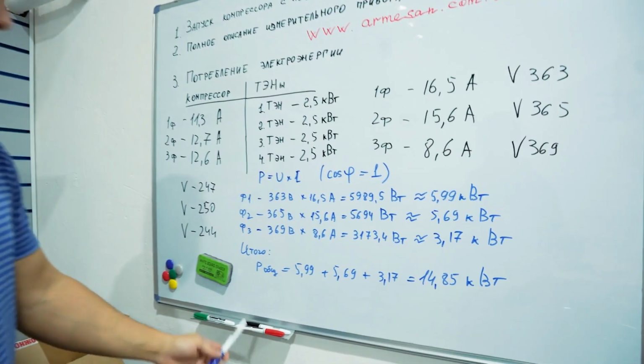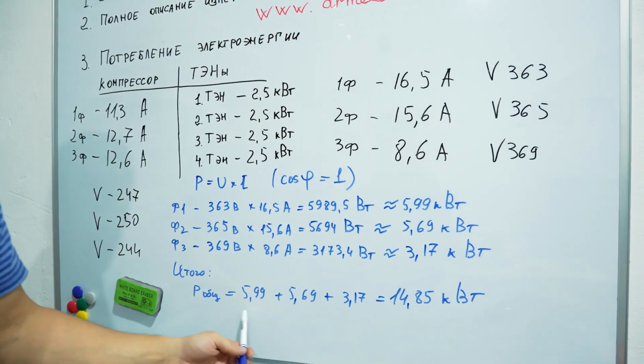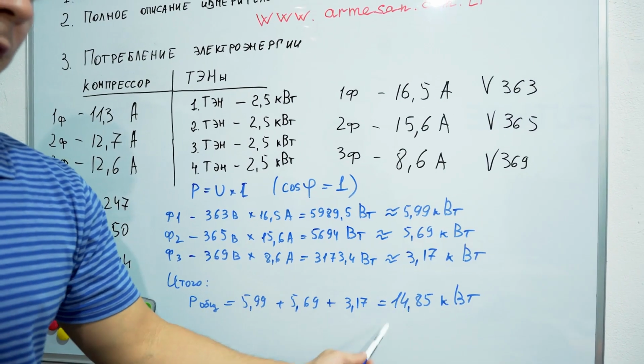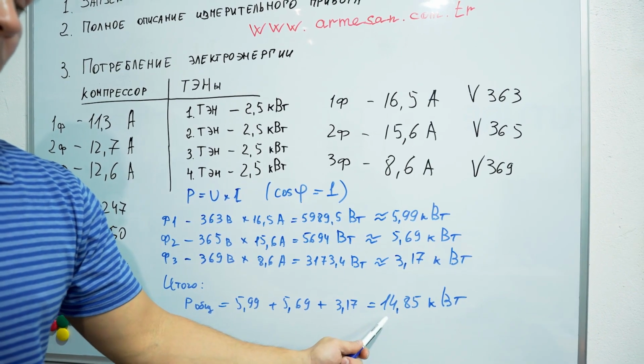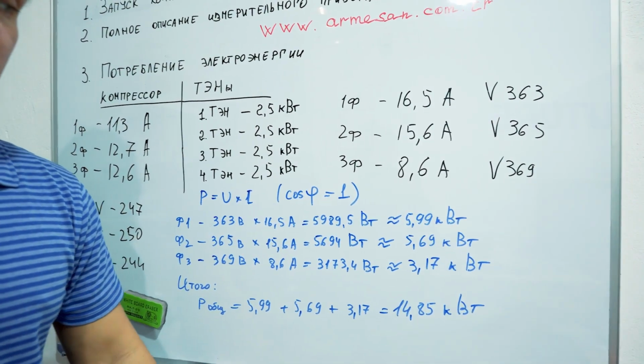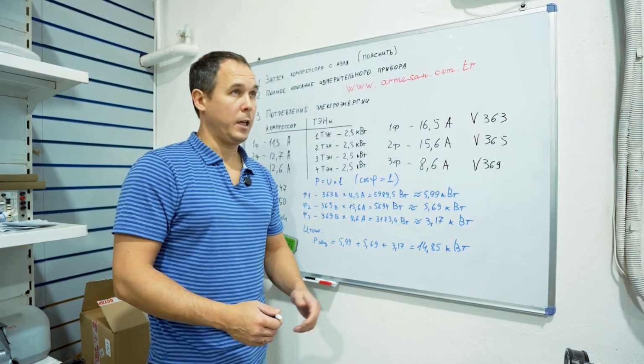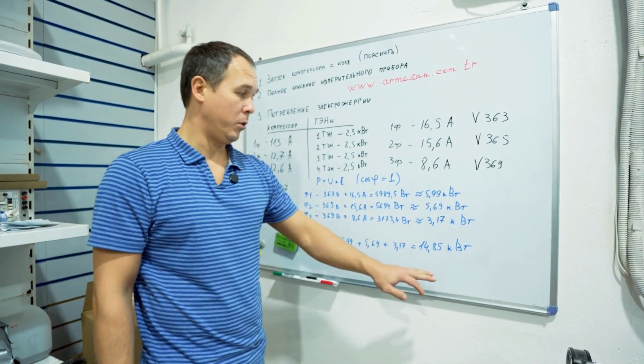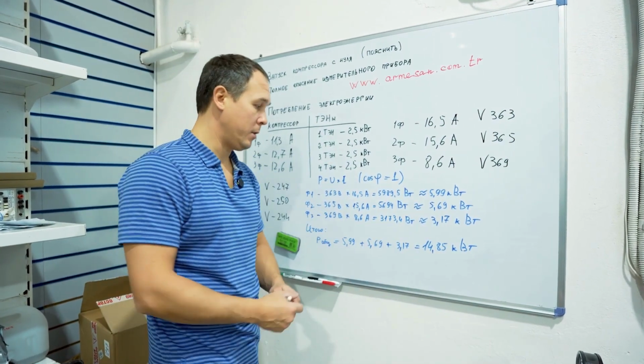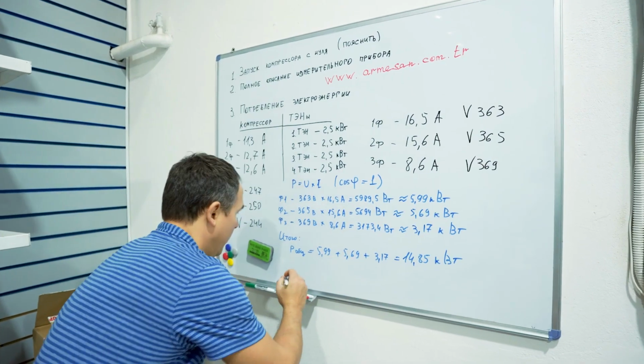And so the total work of the heating elements, the consumption of the elements in the active phase, is equal to 14.85 kilowatts. So the total power consumption by the 5 individual heating elements is exactly 14.85 kilowatts.